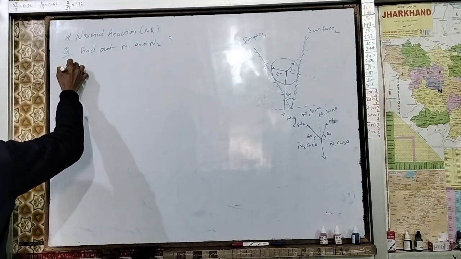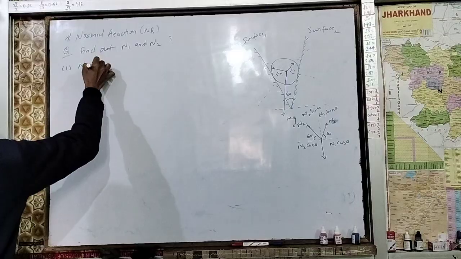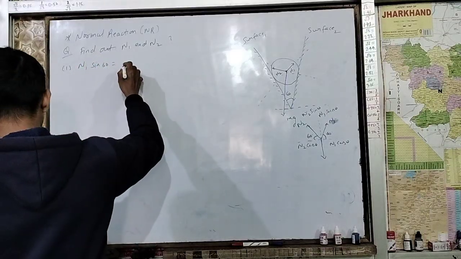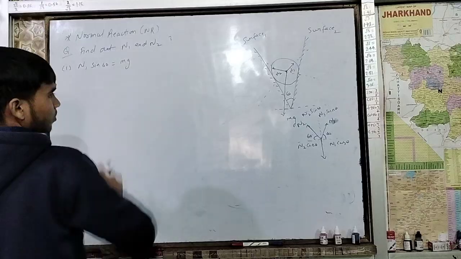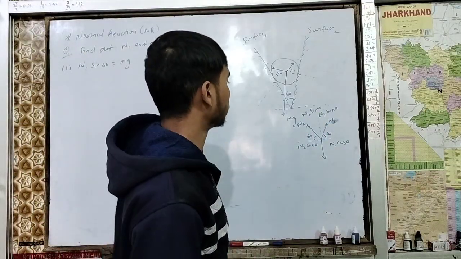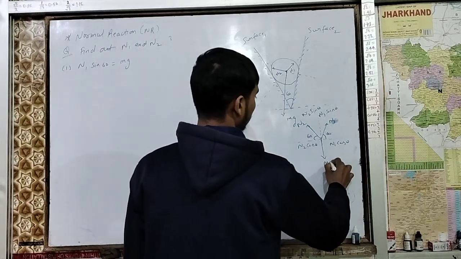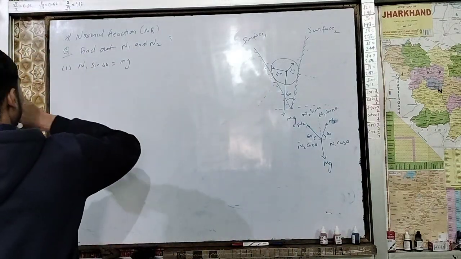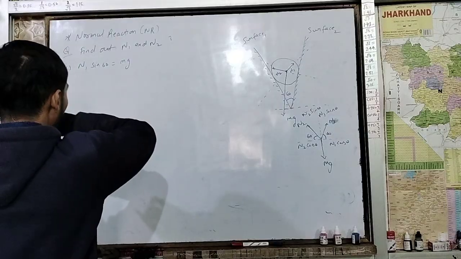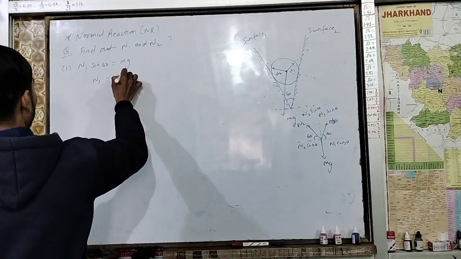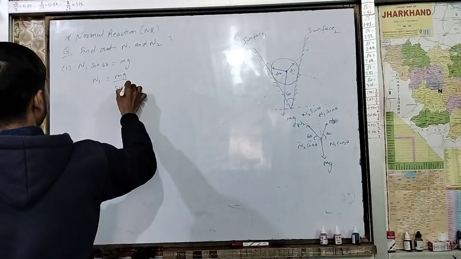First, N1 sin 60 will be nothing but mg. This N1 sin theta is equal to mg. So N1 will be equal to mg upon sin 60.